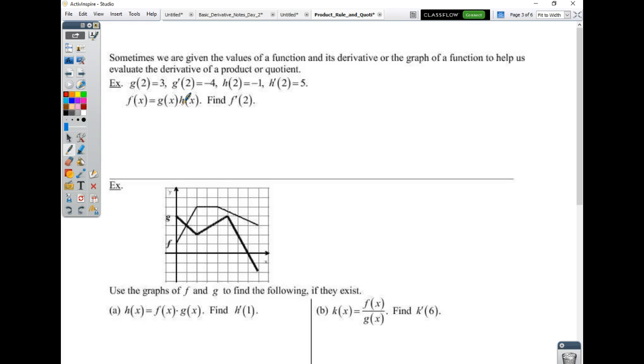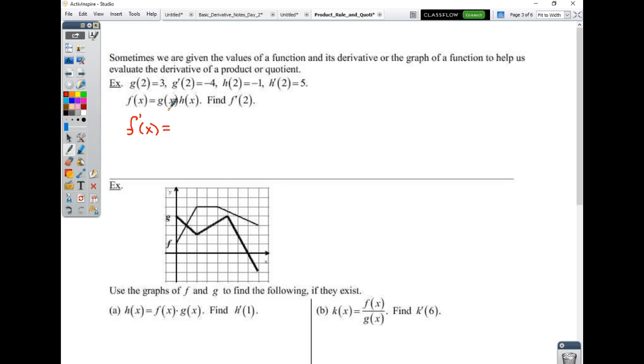I'm telling you to take the derivative of f of x, right? So if I take the derivative of f of x, what would I get? This is the product rule. How do I know it's a product rule? There's two x functions, right? So we've got a function of x times a function of x, which implies product rule here.